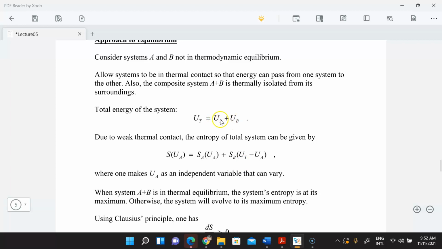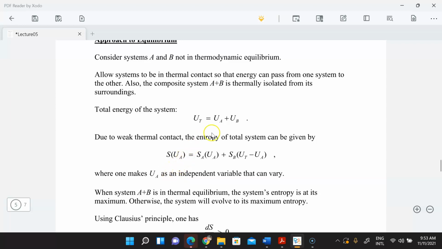Anyway, what is being written over here is the total entropy. S is your total entropy, and then S_A will be the entropy of system A, and S_B the entropy of system B. The one in the bracket is essentially a variable. So S is a function of U_A. Why is that done this way?